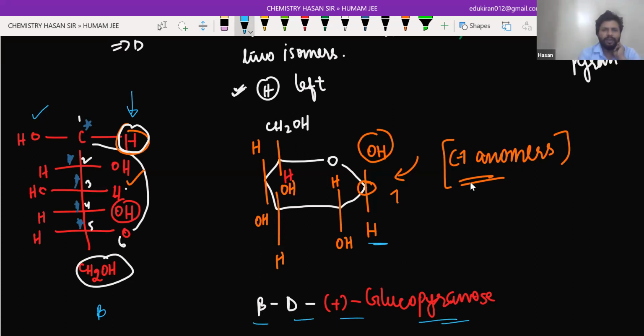And you know this is called a C1 anomer. What is an anomer? Basically, anomers are diastereomers, non-mirror images. And why do we call it C1? C1 is basically because we are switching on the first carbon, first position. In the alpha, OH is on the bottom and H on the top. And in beta, H is on the bottom and OH on top. So the switching position is the first carbon.